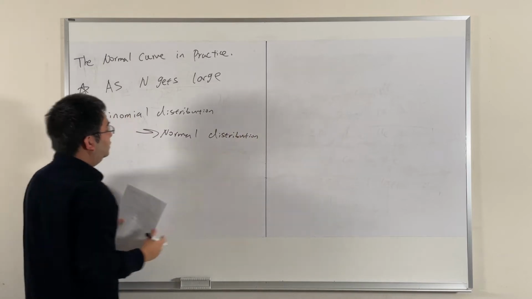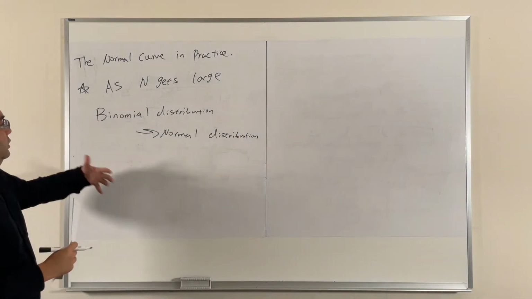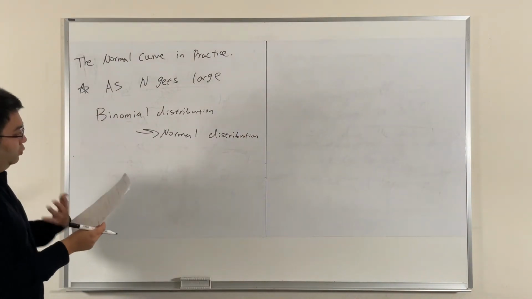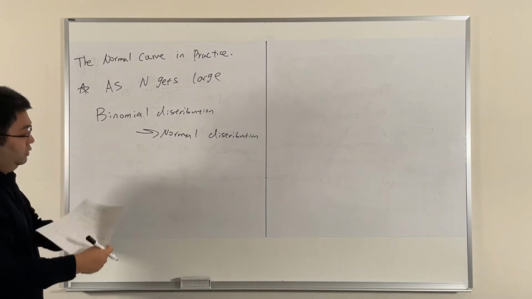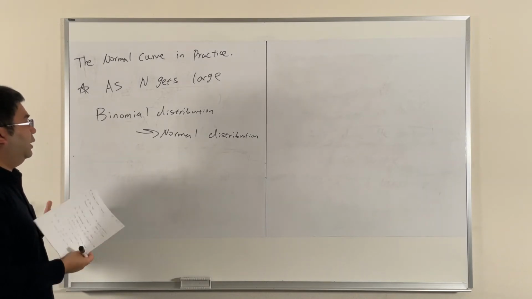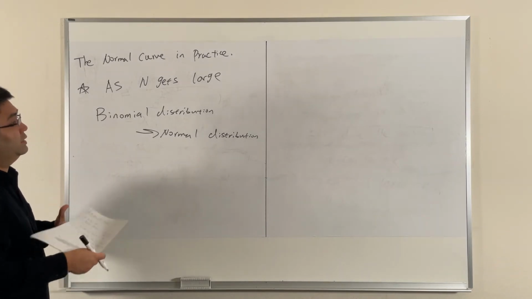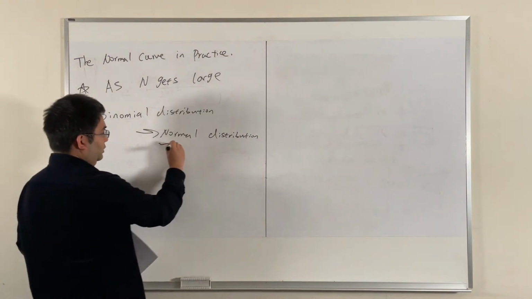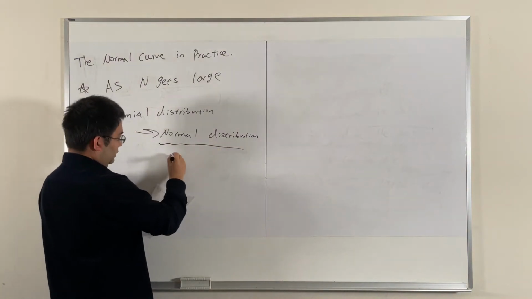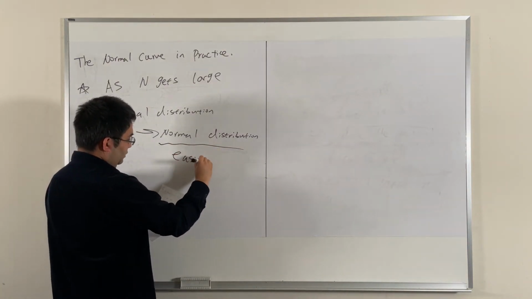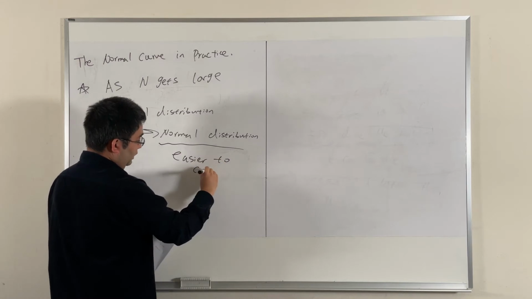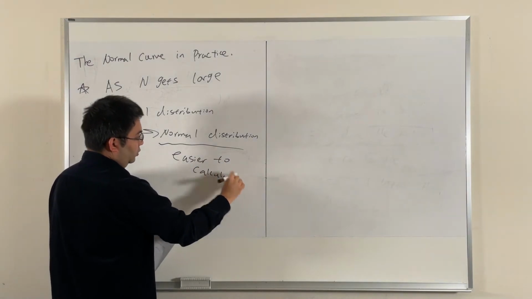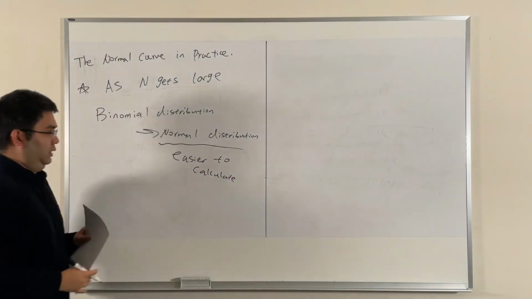And the reason we want to use this property is that normal distributions are a lot easier to calculate than binomial distribution where sample size gets big. I'll do an example to show you exactly how this becomes a lot easier.